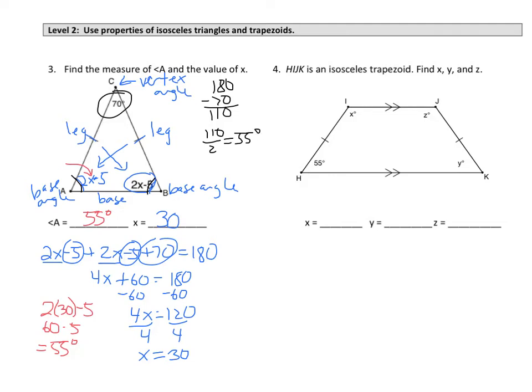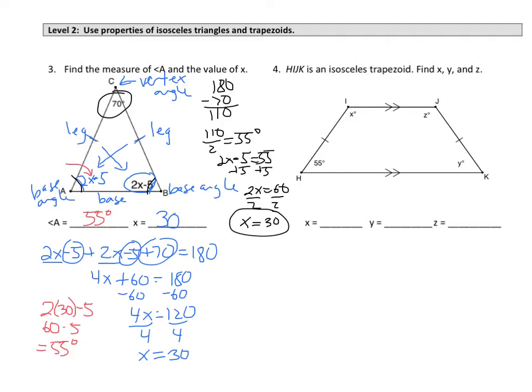So that gives me angle A, and then if I want to find x, I can do 2x minus 5 equals 55 and solve for x. Add 5 to both sides. We get 2x equals 60, divide by 2, and we get x equals 30. Same thing that we got with the other method.